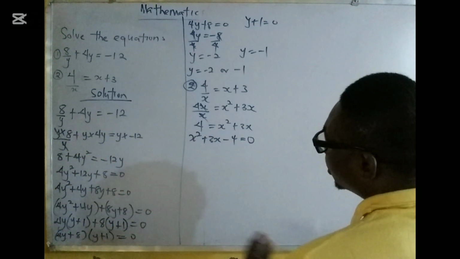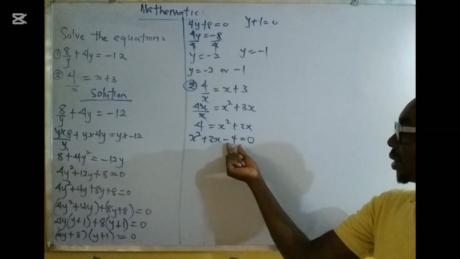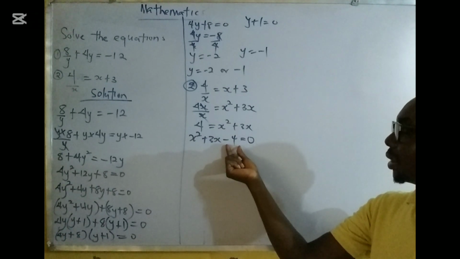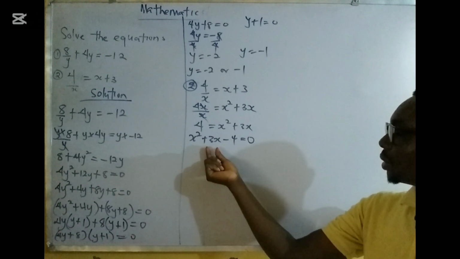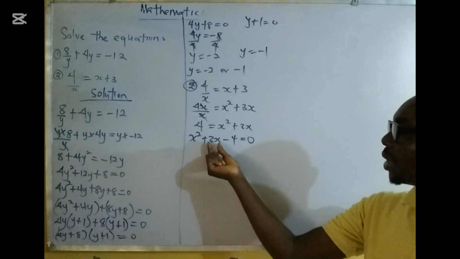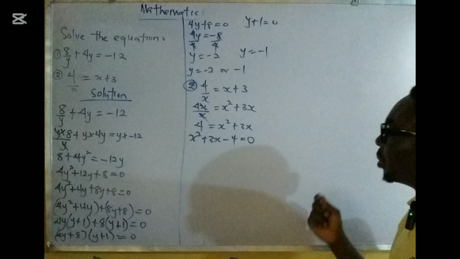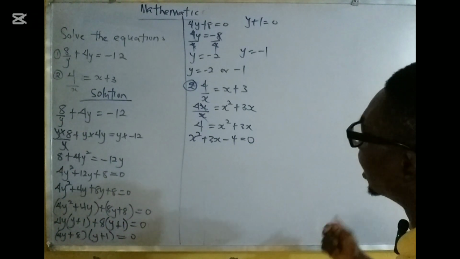So at this point, we have to factorize. Now, what two numbers are you going to multiply to get minus 4, and the same numbers or factors, when you add them, it will give you 3? And the two numbers are minus 1 and 4.